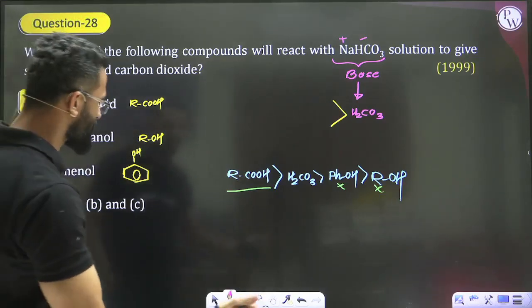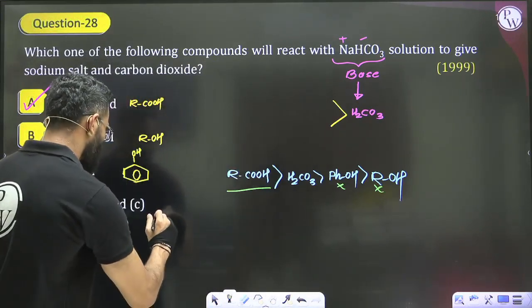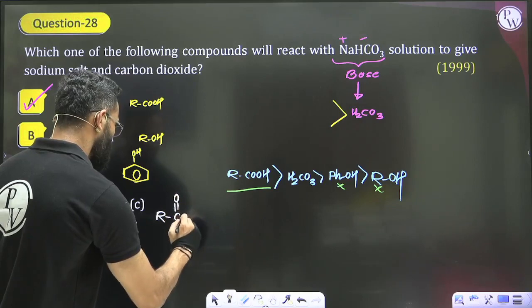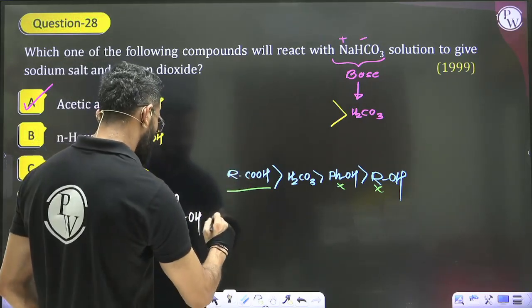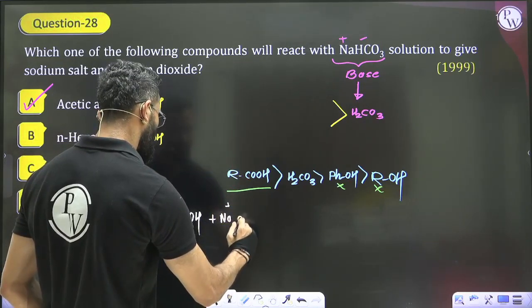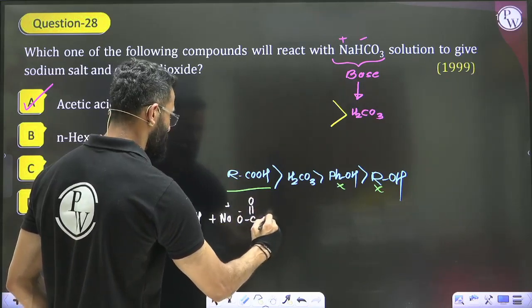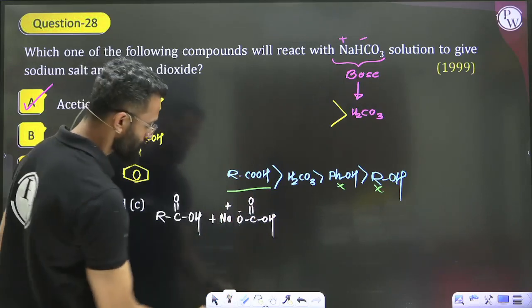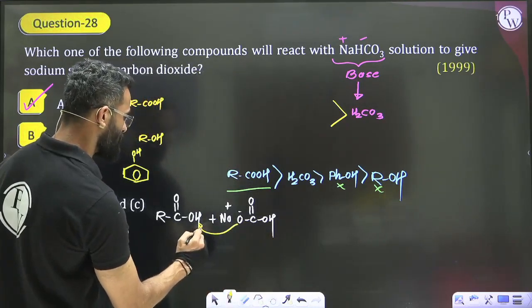And if you have to write the complete reaction, I'll write it down here. Let's see, you're having carboxylic acid RCOOH treated with sodium bicarbonate, Na plus HCO3 minus. So this bicarbonate will accept H plus from here.